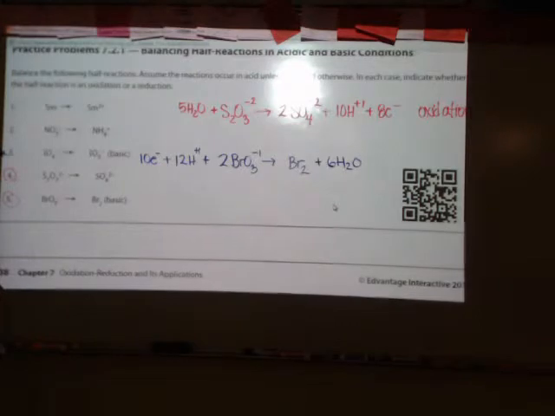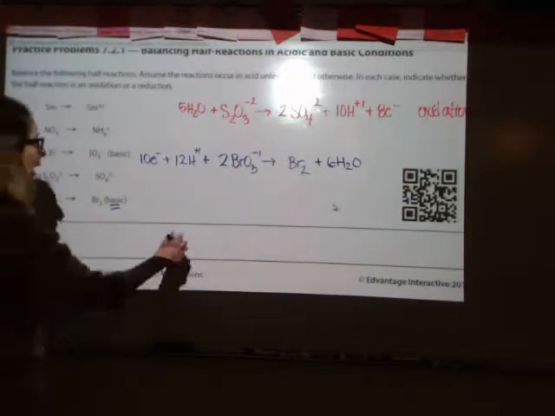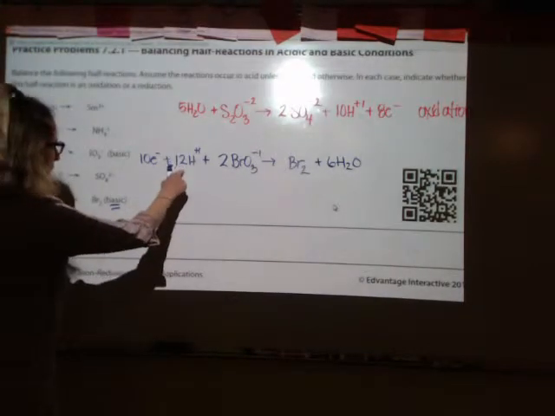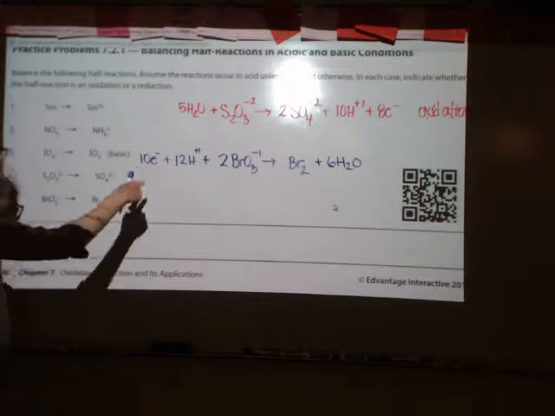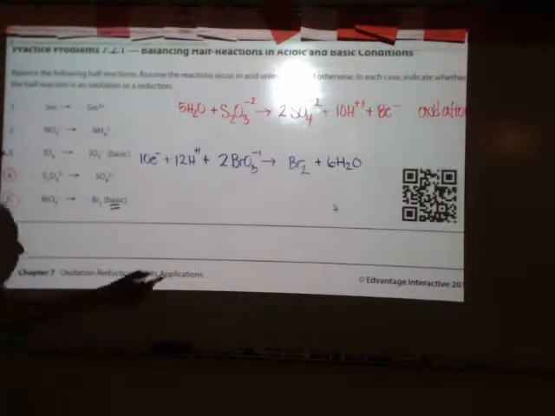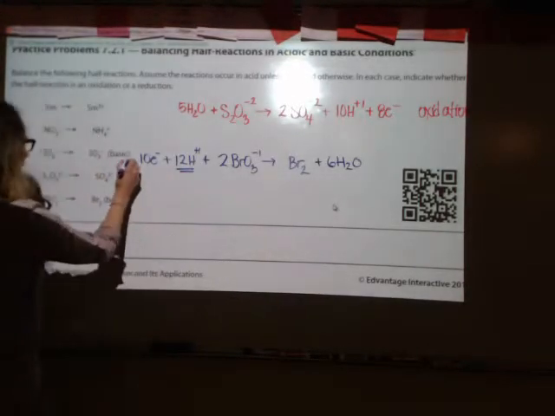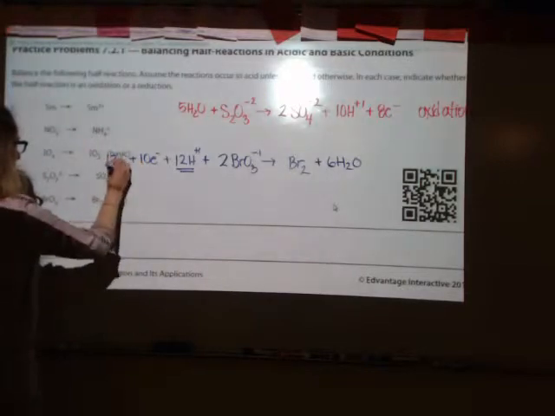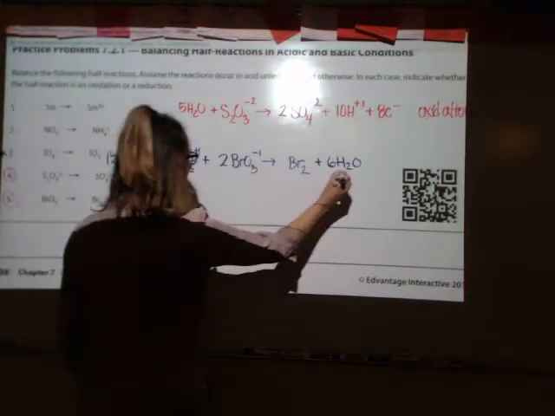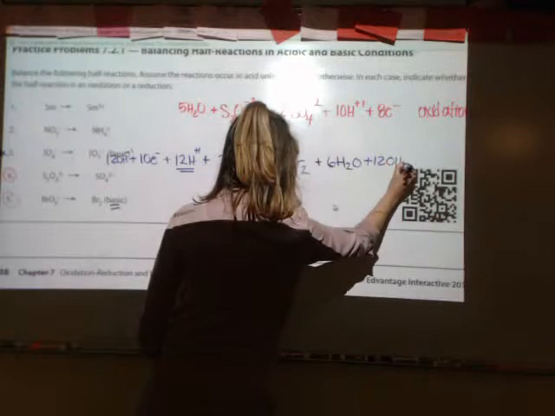We good so far? Now what? Combine. It's basic. Add your OH. So add OH, and you have to add the same number of hydroxides as hydrogens that you had added, right? 12 on both sides. So you're going to end up adding 12 hydroxides to both sides.